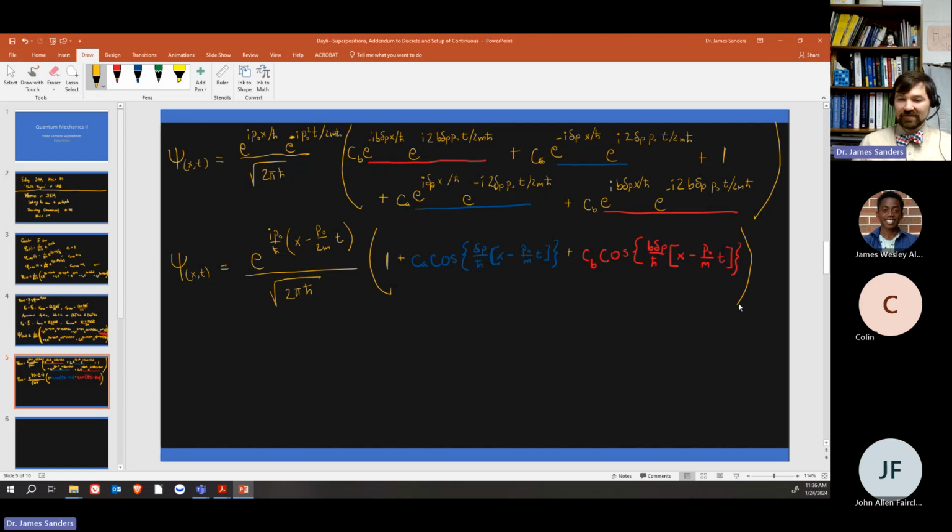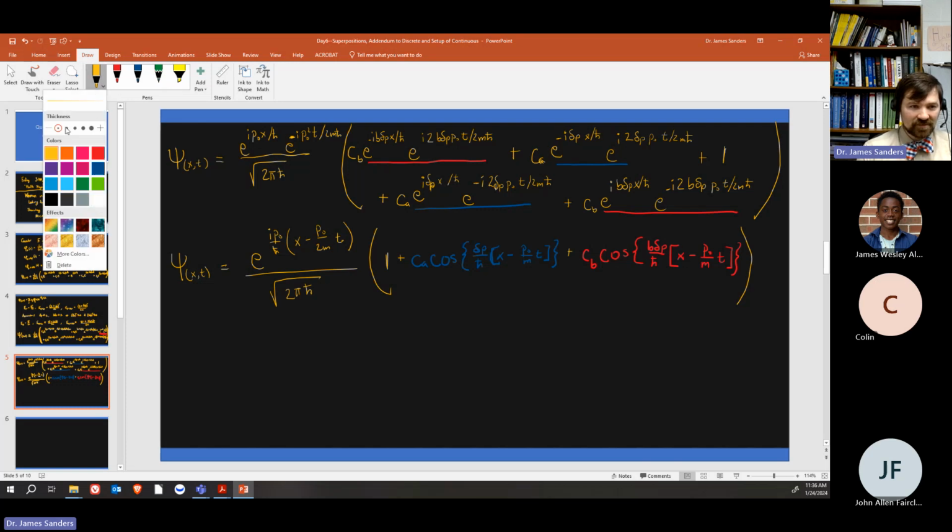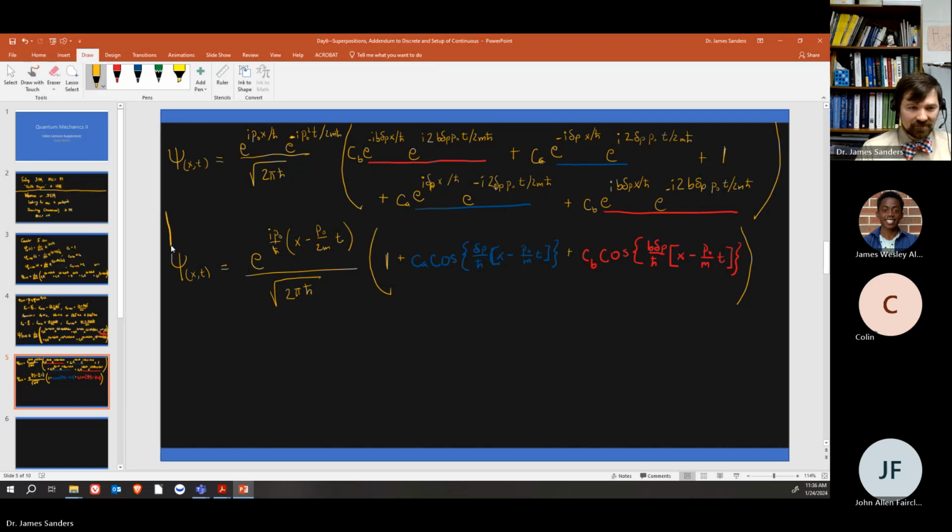So there you have it. That is what our 5-state discrete superposition will look like.